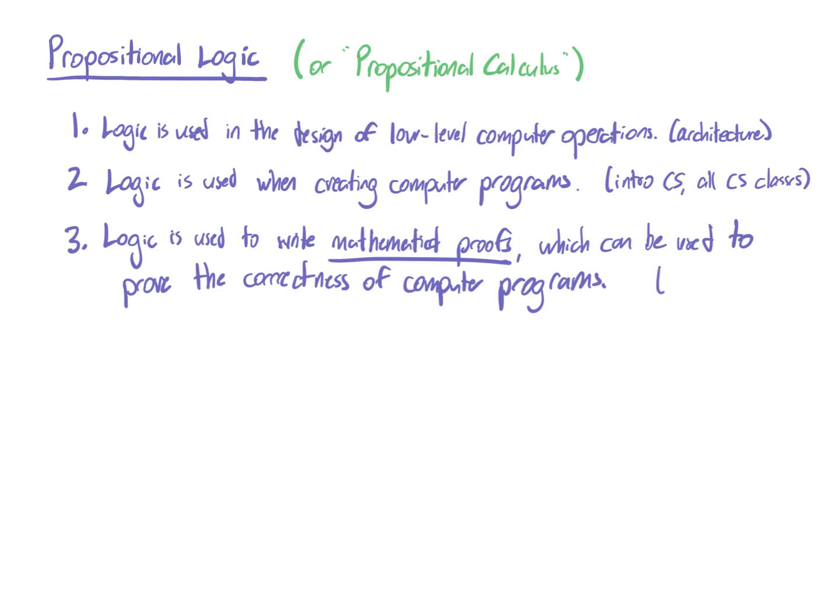And this last idea, using logic for proofs of computer programs, we're going to think about a lot in this class, and you're going to see this a lot more in advanced courses on computer science theory. Okay, so that's our quick overview of why we care about logic. Let's go ahead and jump in.